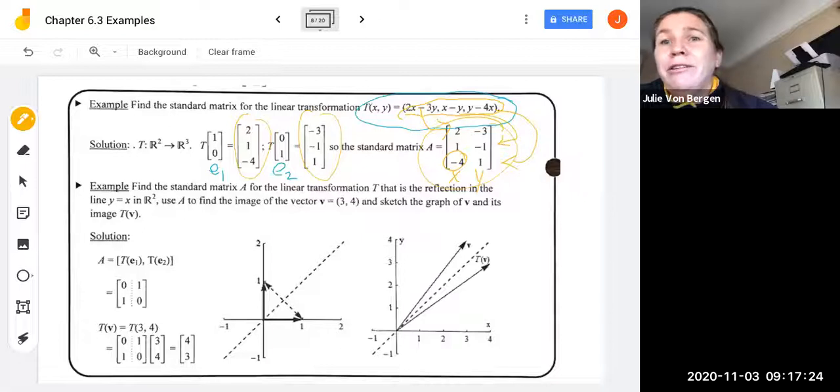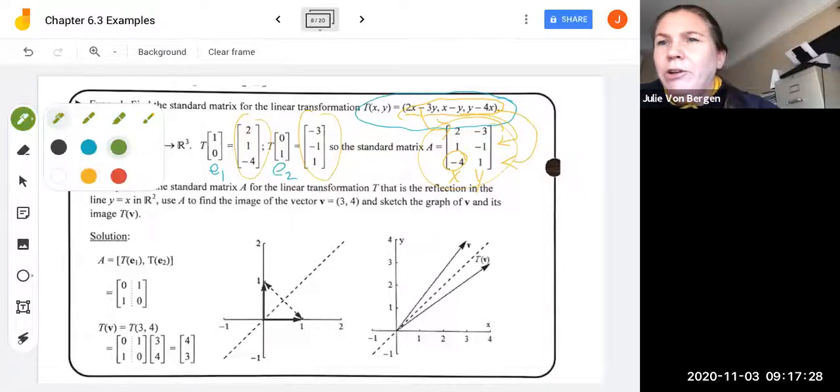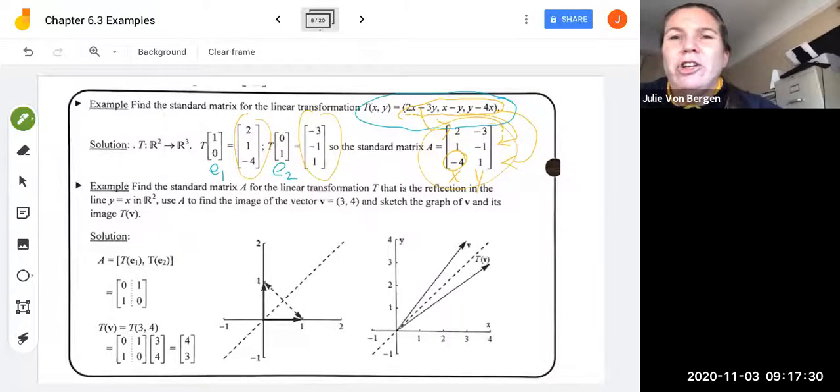All right, let's look at another example. We're going to find the standard matrix for the linear transformation T that's a reflection about the line y equals x in R2, and use A to find the image of the vector 3, 4 and sketch the graph of v and its image T of v. So we say A is going to be T of E1 and T of E2.